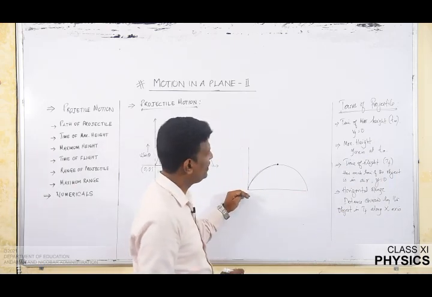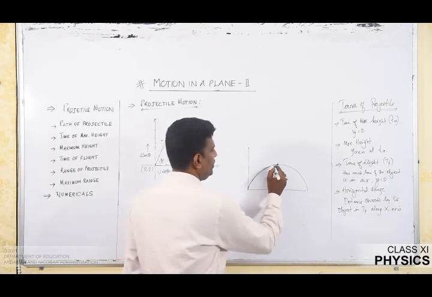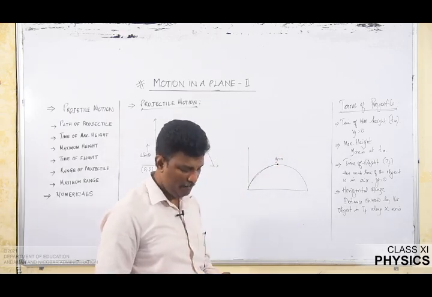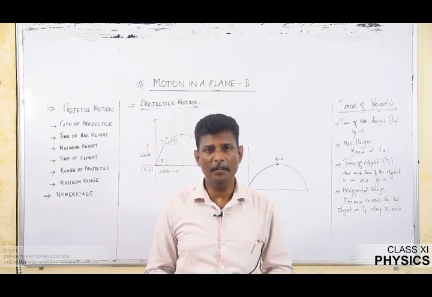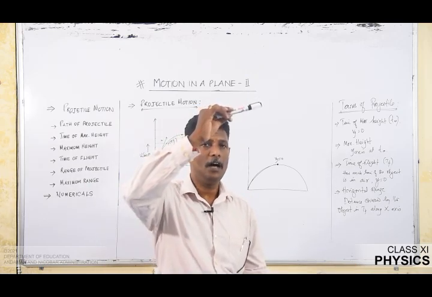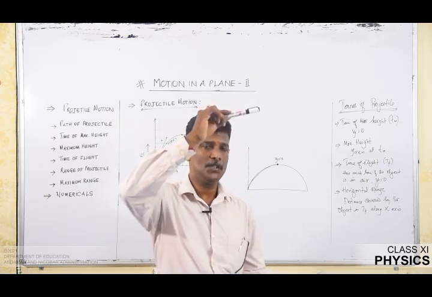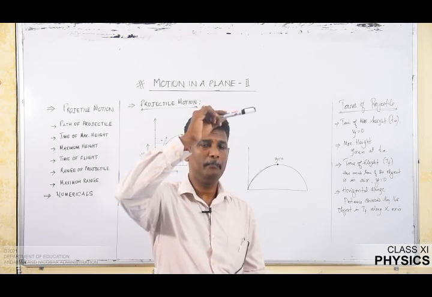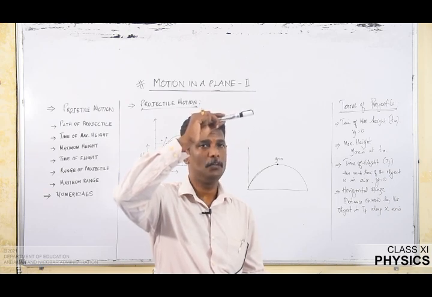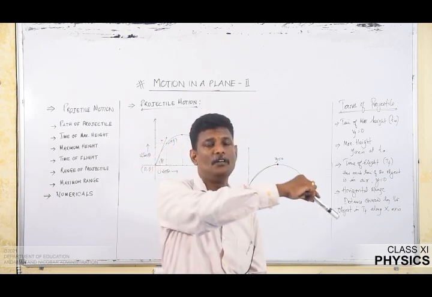What else we can predict here? Here Vy is equal to 0. Again we will consider the same example. If we throw an object, it is going like this. After reaching the maximum height, for a particular time, at that time the velocity along y axis becomes 0. After that it starts falling.